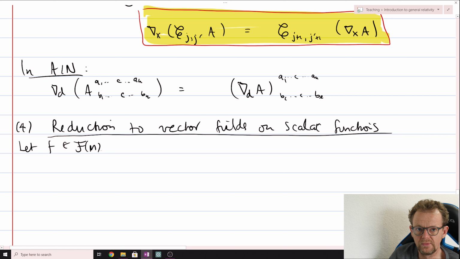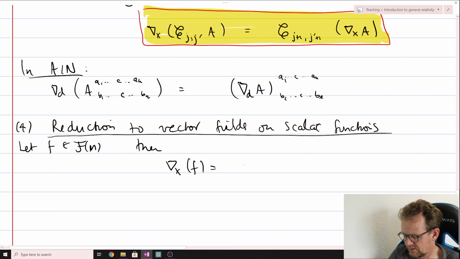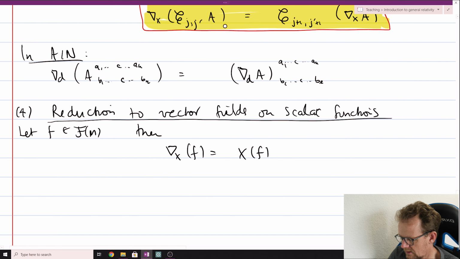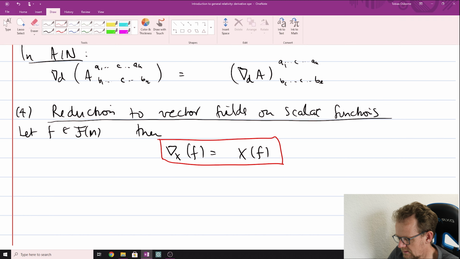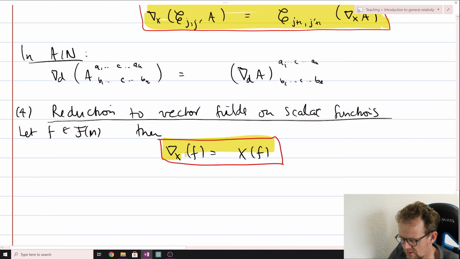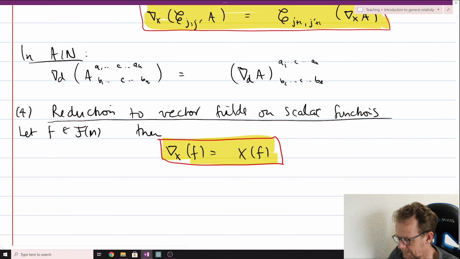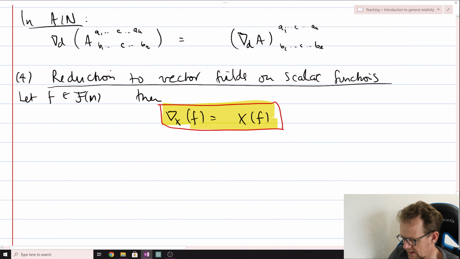So if f is a smooth function on the manifold M, then it better be the case that if I do the covariant derivative in the direction of the vector field X on f, that's really just the same as applying the vector field to the scalar function. So this operator does the same thing when restricted to scalar functions. And in abstract index notation, we denote that as follows.